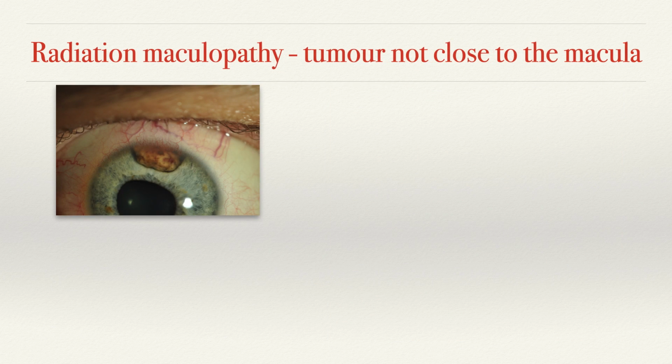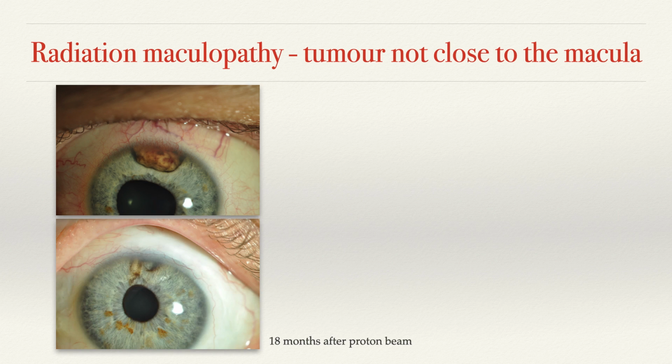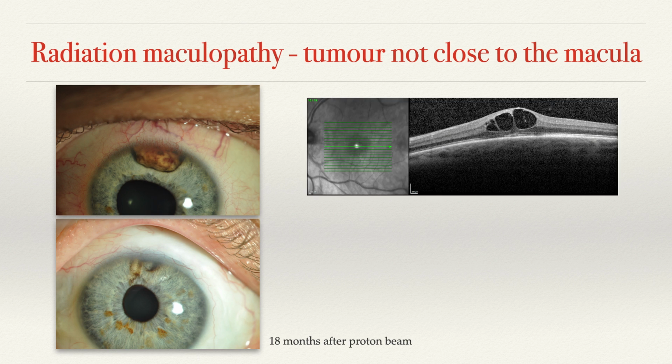Look at this patient, it's got a melanoma in front of the eye. You can see like the tip of the iceberg in the anterior chamber, and this has been treated with proton beam, an excellent response of the tumor to the treatment. Tumor is basically gone, but way, way behind the tumor at the back of the eye, and there was no proton beam to the back of the eye, the patient developed a macular edema.